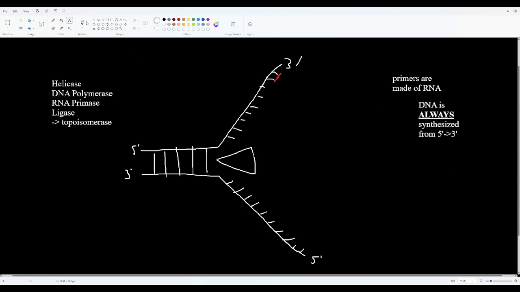So what does that mean? It means that we have another special enzyme known as DNA polymerase.